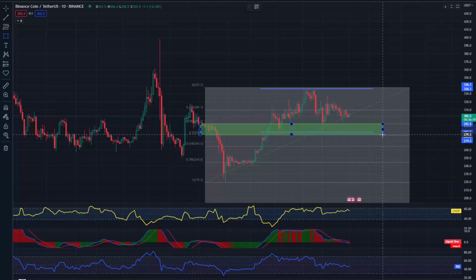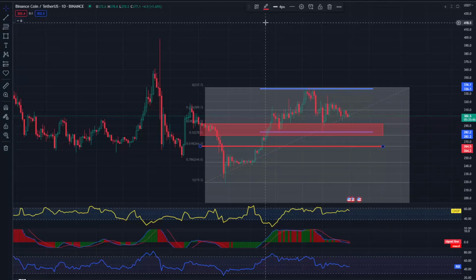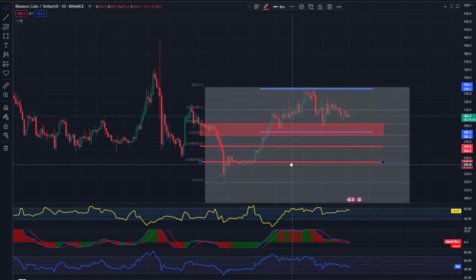And here, in the first place, it is worth marking the support zone from $293 to $282. Then we have support at the price of $264, and the third support at the price of $245.